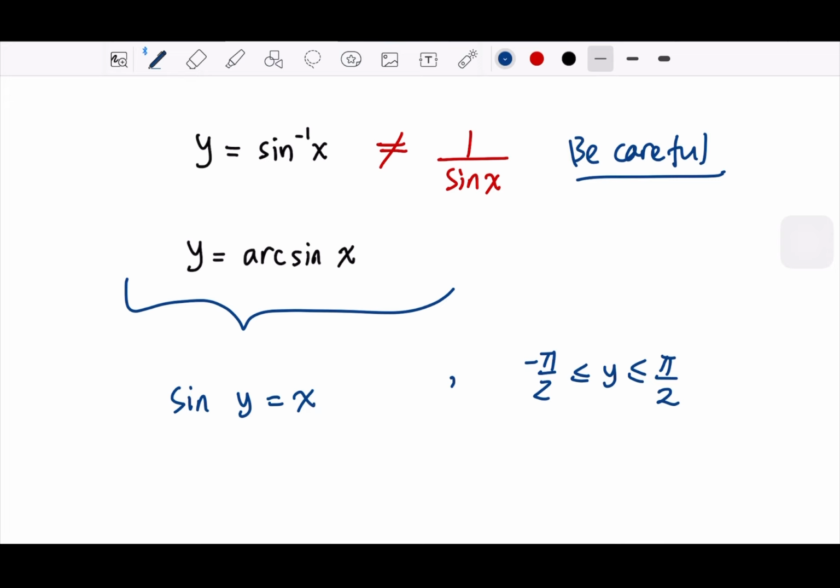Since we have learned how to differentiate implicitly, I think sine y equal x is easily derived. Sine y becomes cosine y, and then dy over dx equals 1. Let's write that.